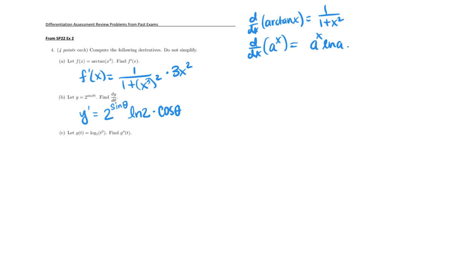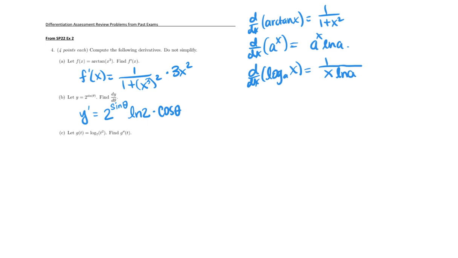And next I'm asked to find the derivative of log base 7 of t squared. So the derivative rule for that will be the derivative of log base a of x is equal to 1 over x times natural log of a on the bottom.